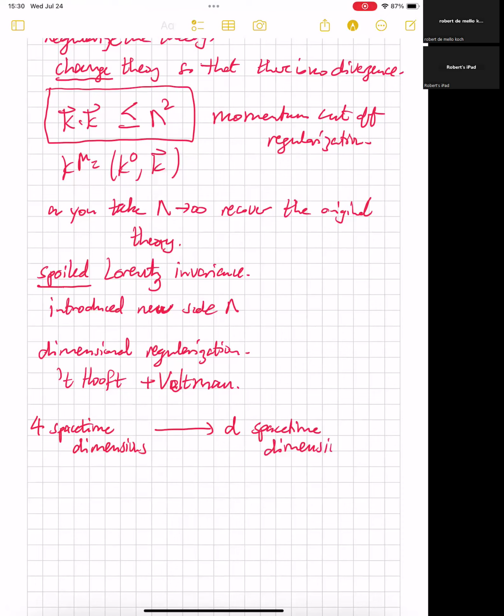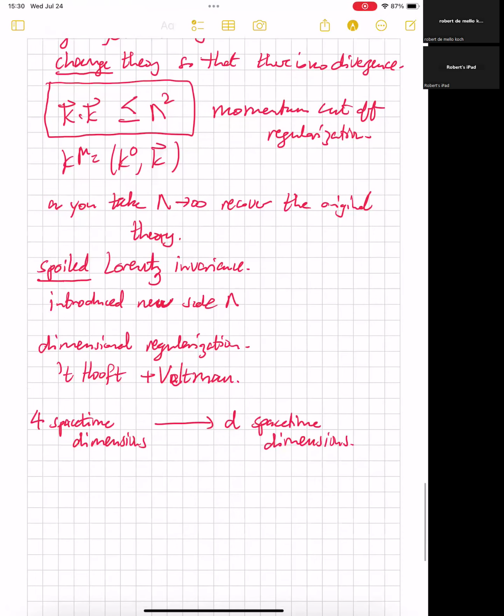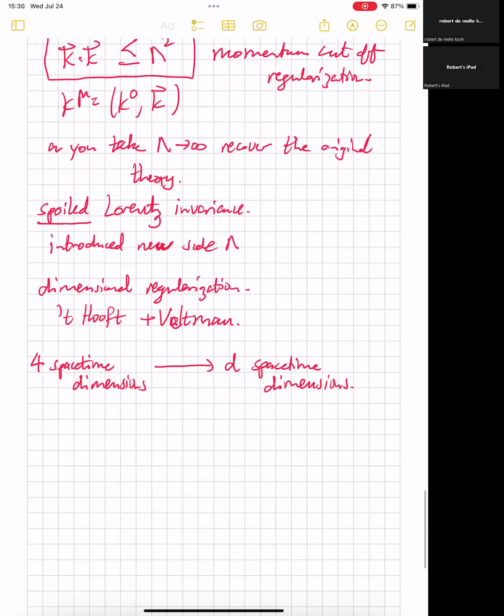And 't Hooft and Veltman wanted to define the theory in d dimensions, where d can be any complex number. Okay, so you're used to thinking of an integer number of dimensions. So 't Hooft and Veltman say, no, you don't have to be in 4 dimensions. You could be in 3.99 dimensions or 1.5 dimensions.